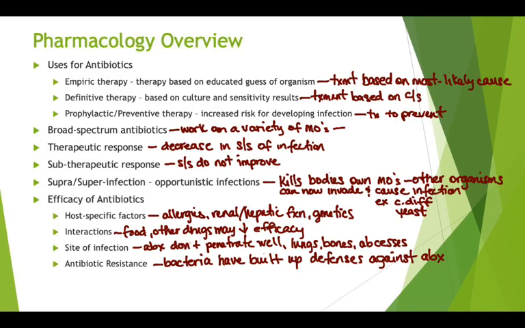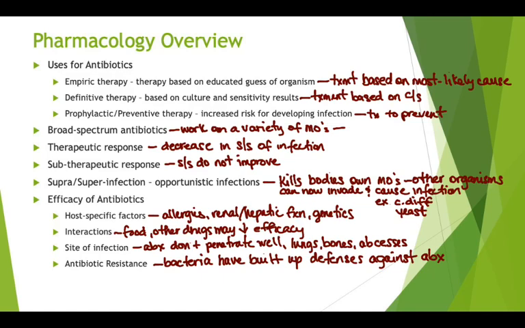We have an educated guess of what the organism is, and we treat it with that antibiotic. It's usually done because we've seen so many of these types of infections, we know that this antibiotic works for this bacteria. That's usually how we use empiric.